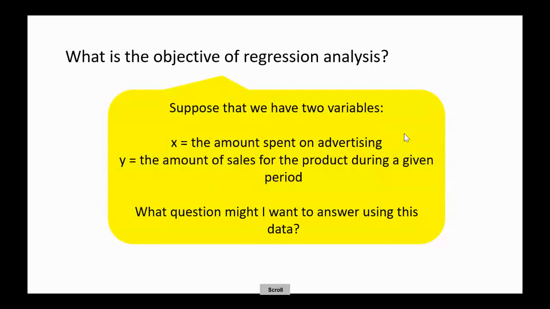So what's our objective here? Let's suppose we have two variables. X will be the amount we spend on advertising. Y is going to be the amount of sales for that product during a given period. What's a question that I might want to answer using this data?